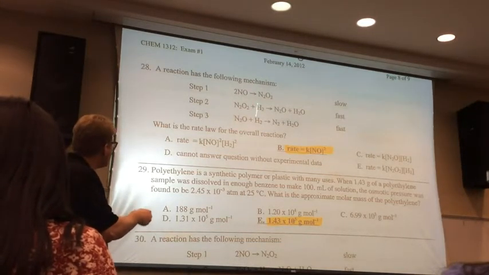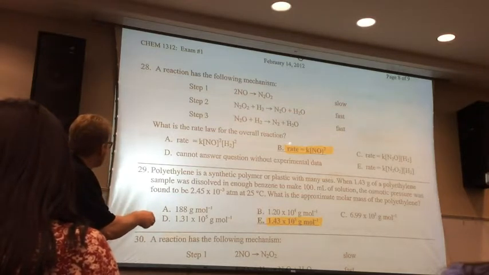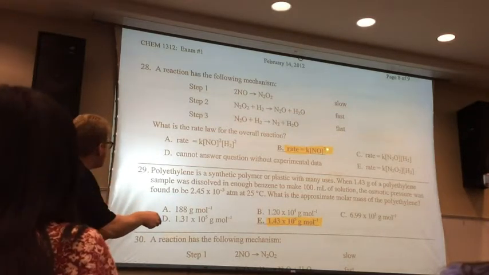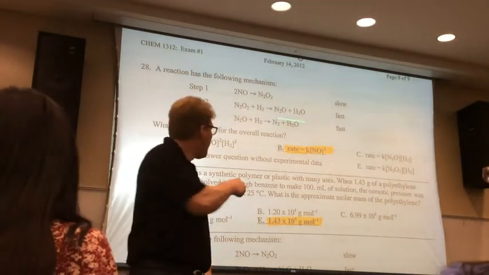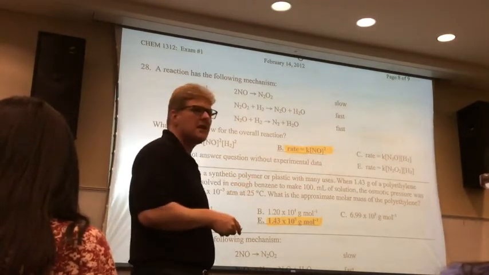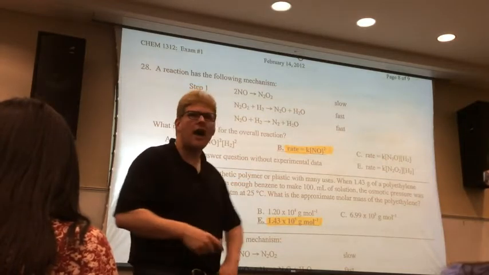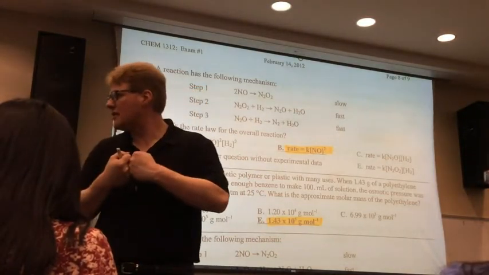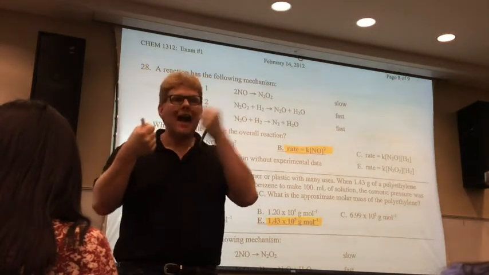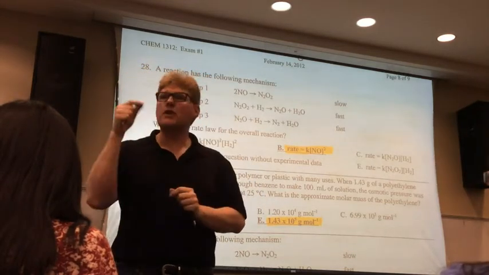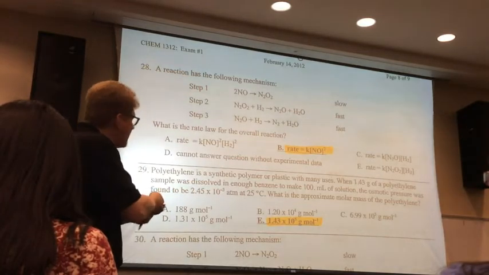So the rate is equal to the NO quantity squared. We can do that for elementary steps, because elementary steps describe individual collisions. So we know exactly the molecularity, how many things are reacting, so we can predict the exponents in that rate law.